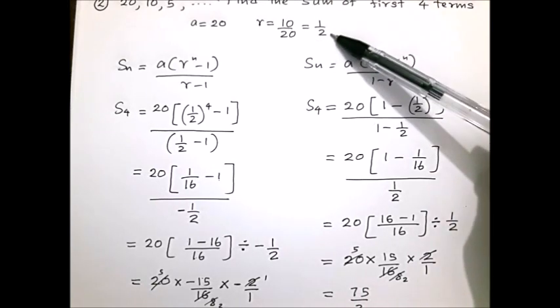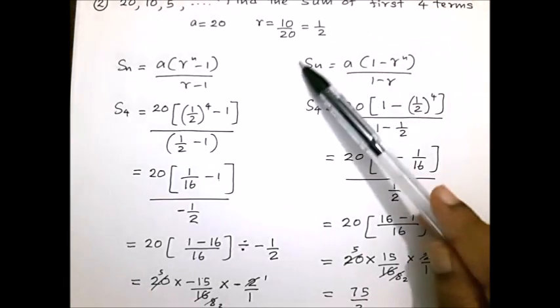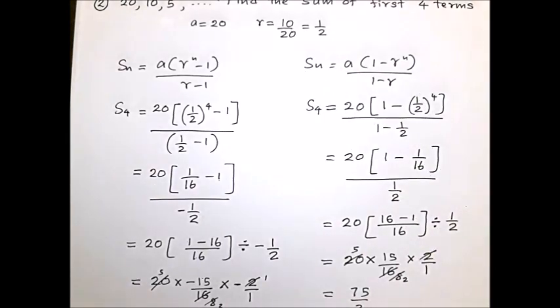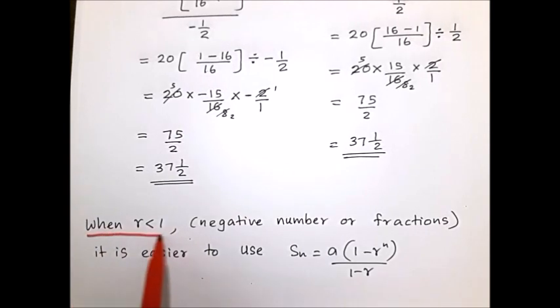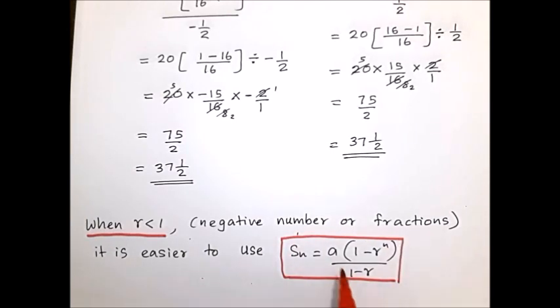If r is less than 1, it is easier to use the second formula to find the sum. When r is less than 1, it can be a negative number or a fraction. It is easier to use this formula: Sn equals a times 1 minus r to the power n, divided by 1 minus r.